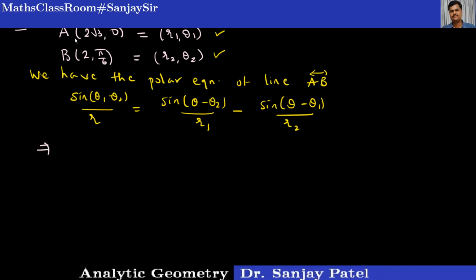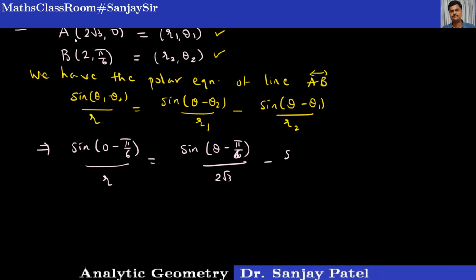Theta 1 is equal to 0 and theta 2 is pi by 6, so sine(0 minus pi by 6) upon r is equal to sine(theta minus pi by 6) upon r1, and r1 is 2 root 3, minus sine(theta minus 0) upon r2, which is 2.